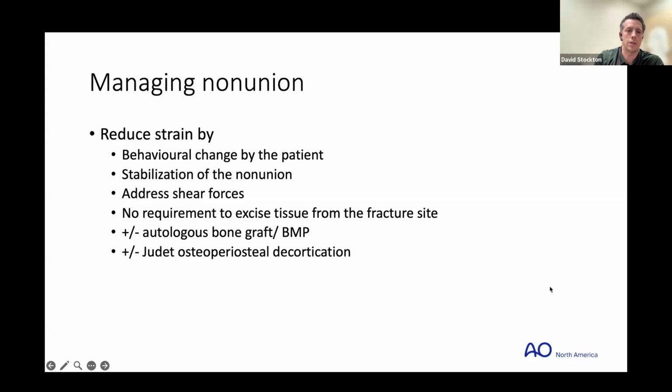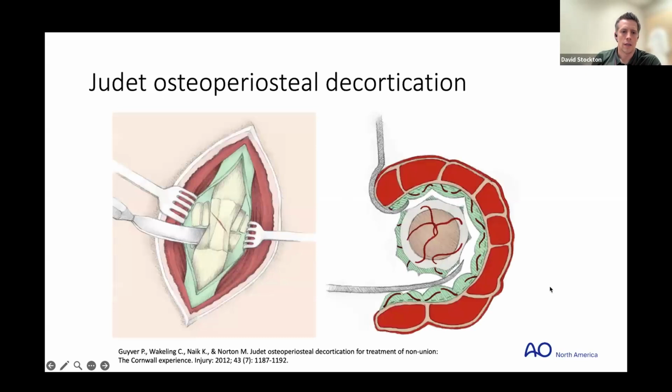And they do also mention this Judet osteoperiosteal decortication as potentially something that can be used in addition, that may be helpful. And for attendees who may not have heard of that, it's a technique whereby the periosteum around the non-union site is split longitudinally, and a chisel is used to elevate little osteoperiosteal flaps circumferentially around the non-union site.